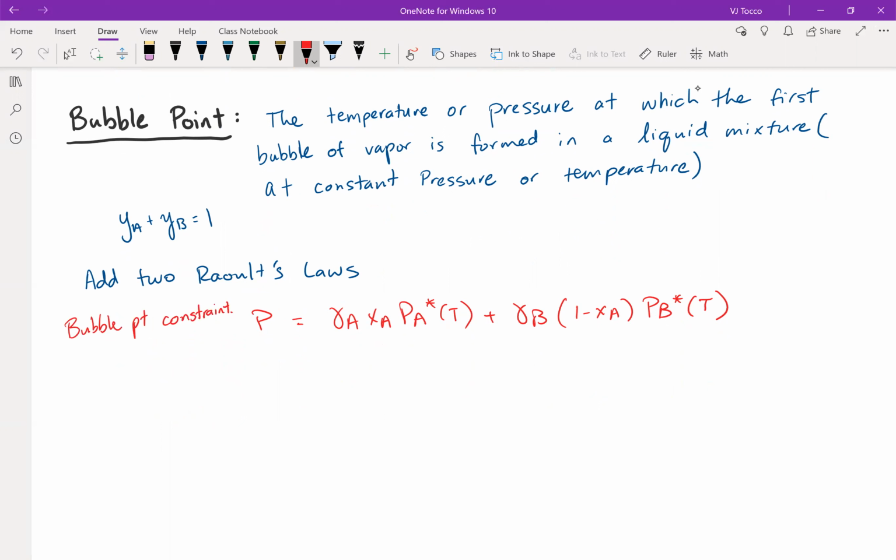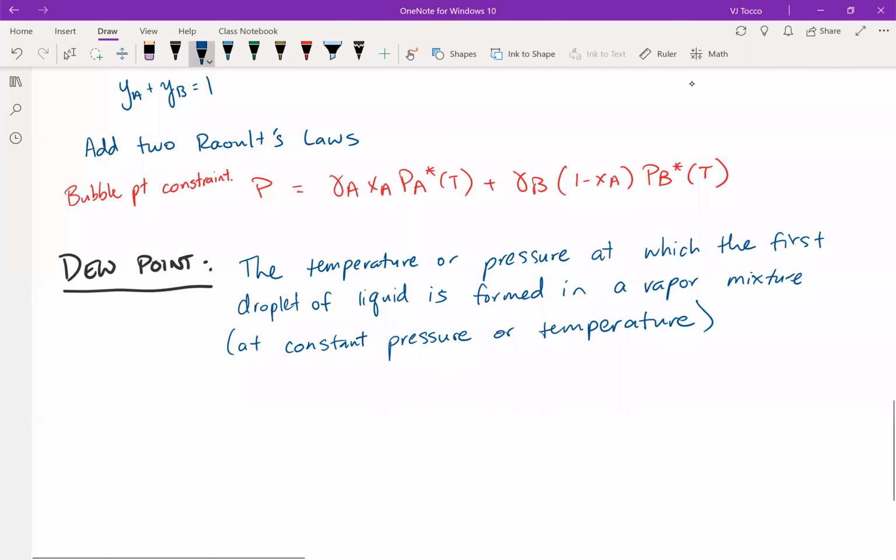I also have a dew point constraint. So the dew point is a similar idea, except this is now the temperature or pressure at which the first droplet of liquid is formed in a vapor mixture. So for this one, I'm going to have the constraint that xa plus xb equals 1. And I want to do the same thing where I add two Raoult's laws.